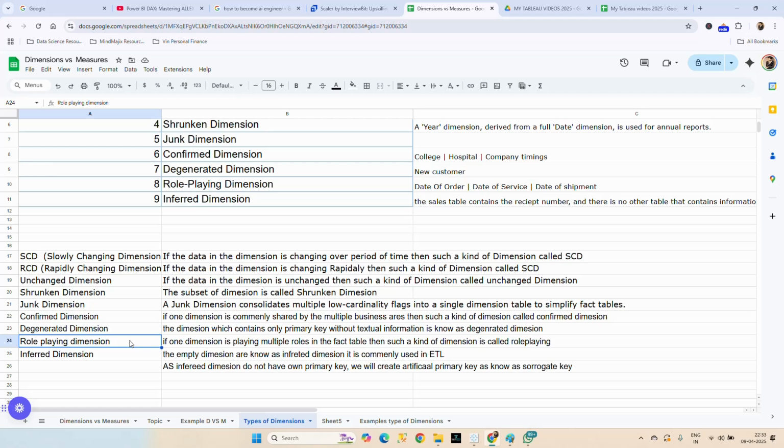When you order a product, you can check the date of order, then the date of service and the date of shipment. This date is associated with order, service, and shipment, right? This date will be role playing across the fact table. That's what we call a role playing dimension. If one dimension plays multiple roles in the fact table, such a dimension is a role playing dimension.